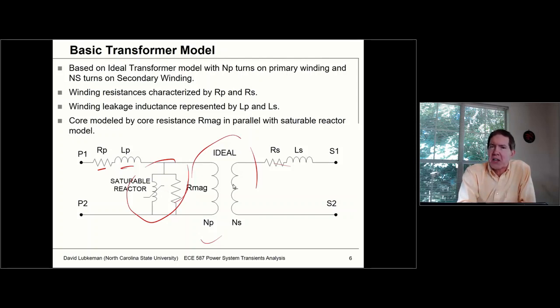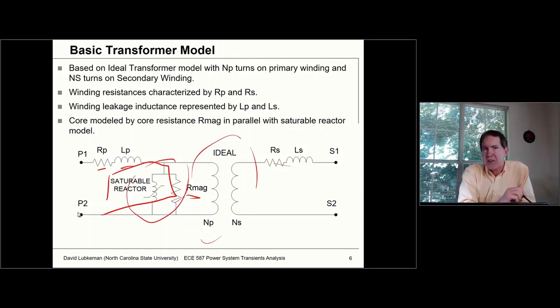But in this case, we're not going to be as focused on this, so we're just going to say this could be represented by a constant hysteresis and core loss equivalent resistance. All right. And so anyway, this is the base model, which you've probably seen before. And what we're really going to be focusing on here is what is the impact of having that nonlinear magnetizing reactance.